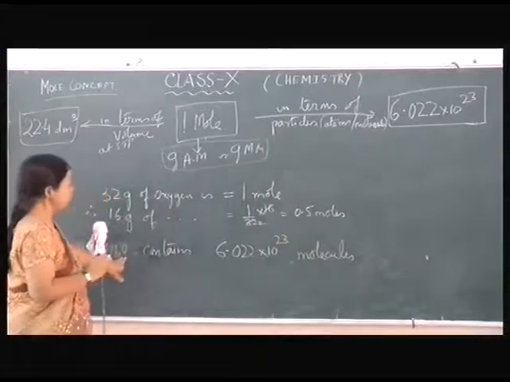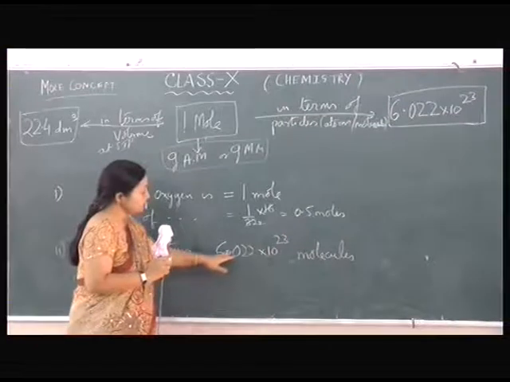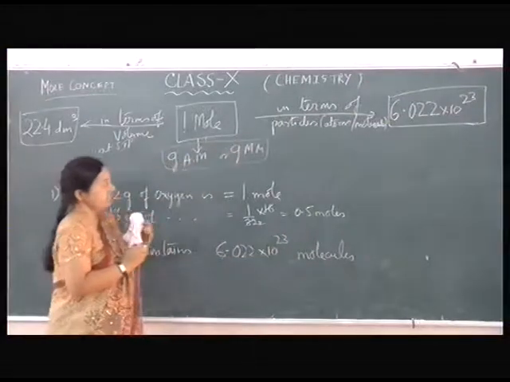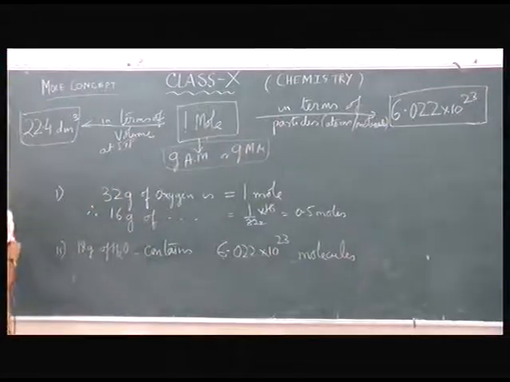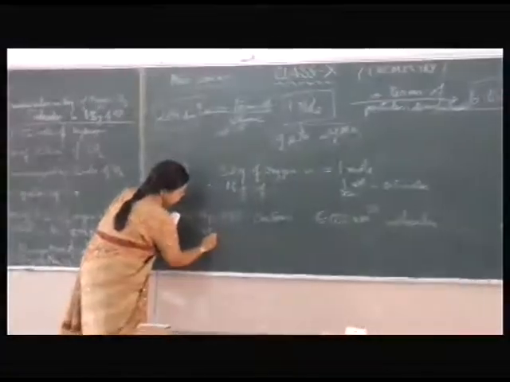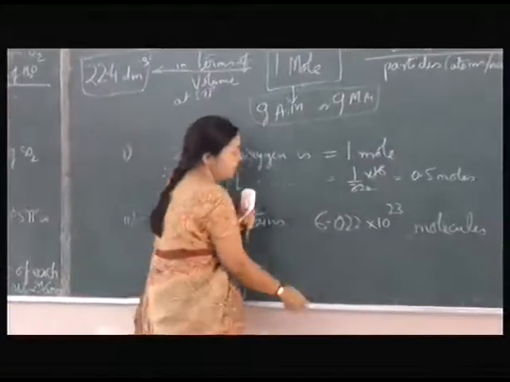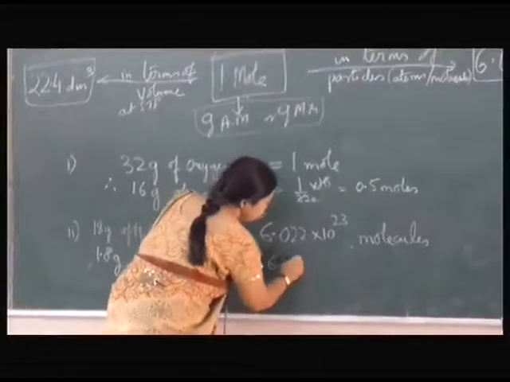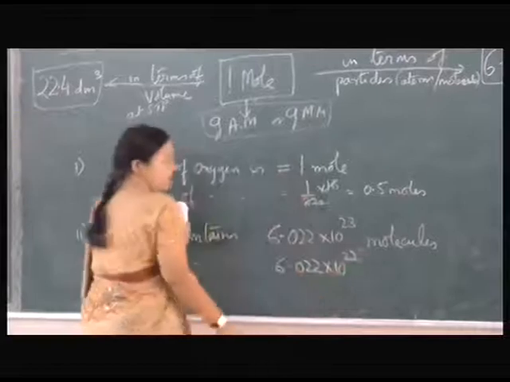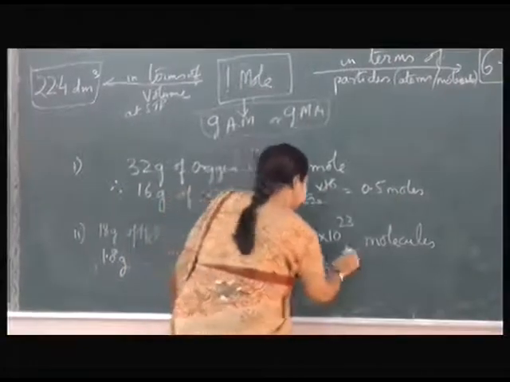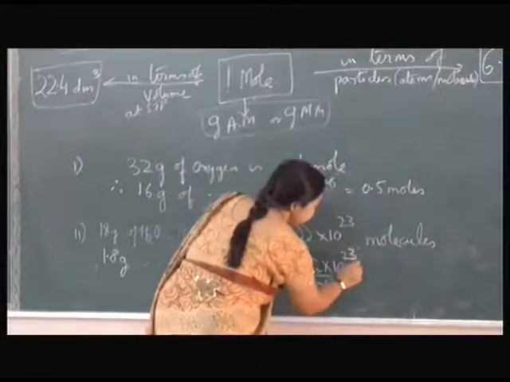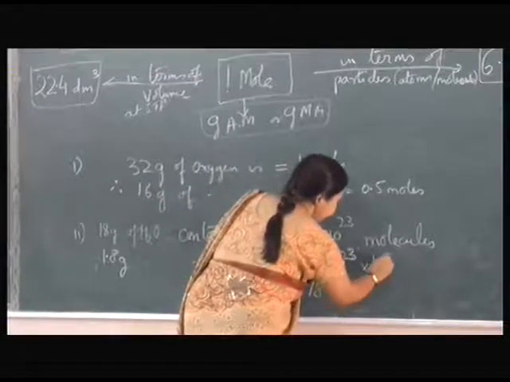18 grams of water contains 6.022 into 10 to the power 23 molecules, through the mole. So what is in the question? 1.8 grams. If 18 grams contain that many, then how much will 1.8 grams of water contain? 6.022 into 10 to the power 23, divided by 18, into 1.8.